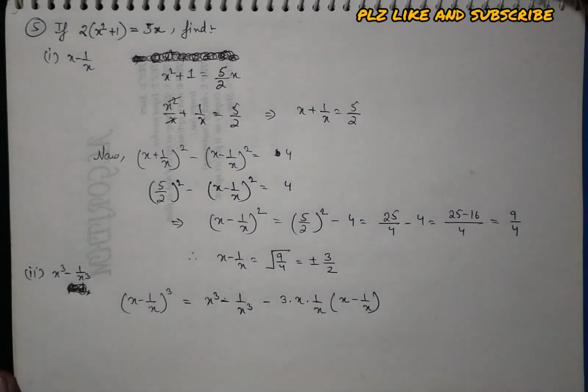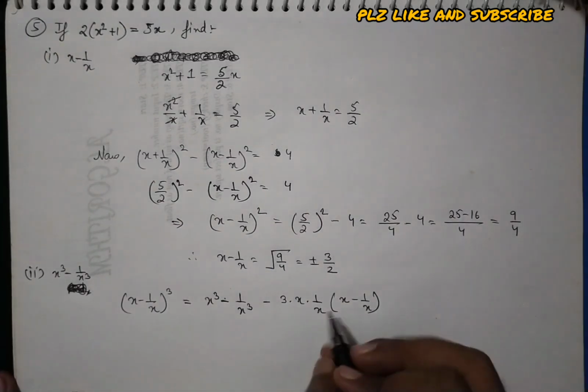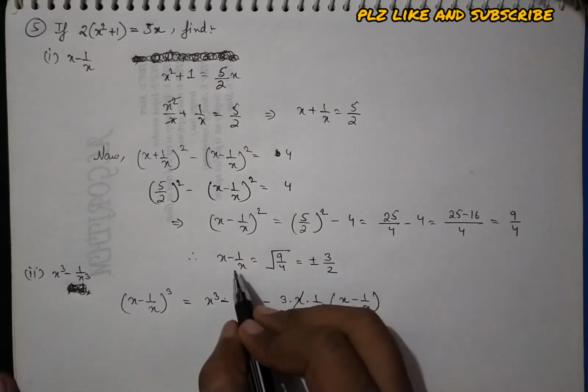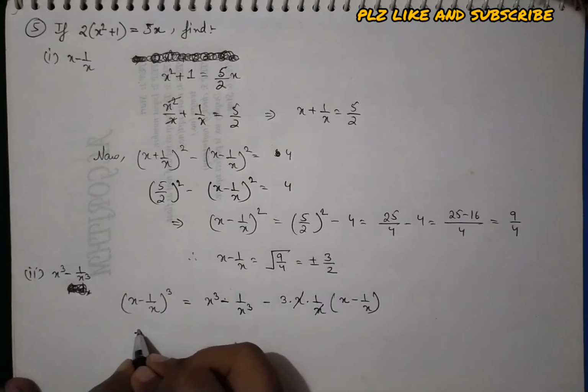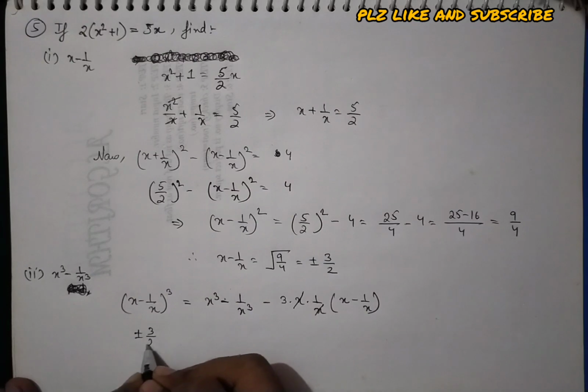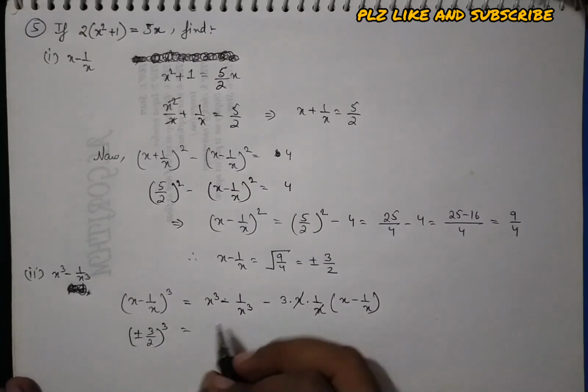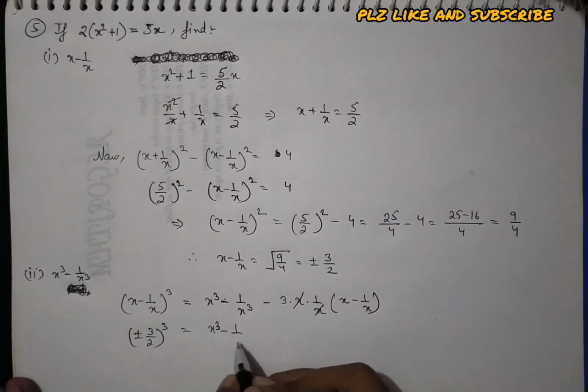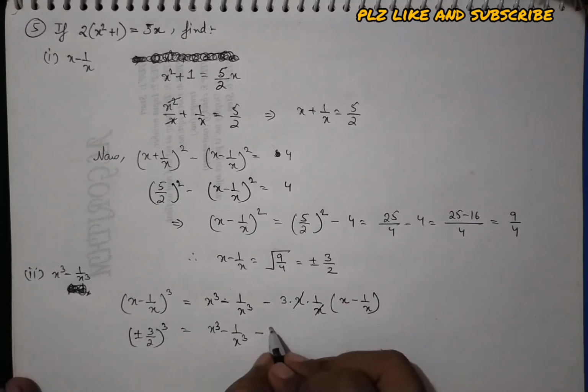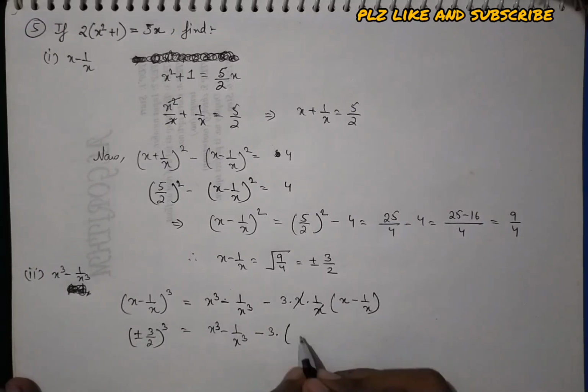For the second part we have started with this, and we can cancel out these two and now place the values, and this will be plus minus 3 by 2 to the whole cube equals x cube minus 1 upon x cube minus the minus 3 and the value of this one again plus minus 3 by 2. Now open it and transpose.